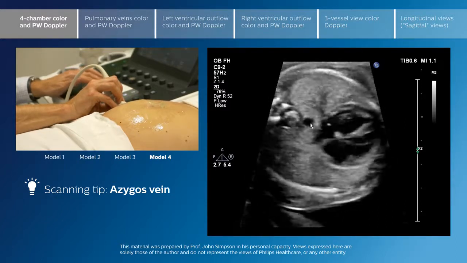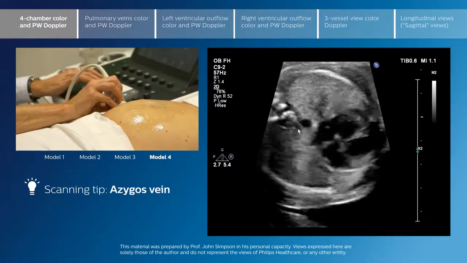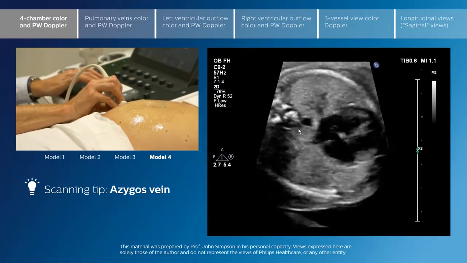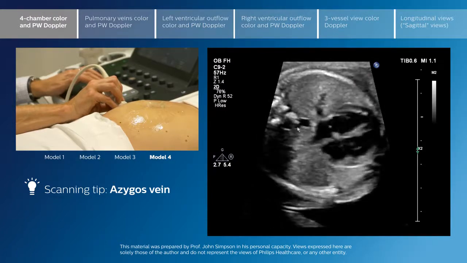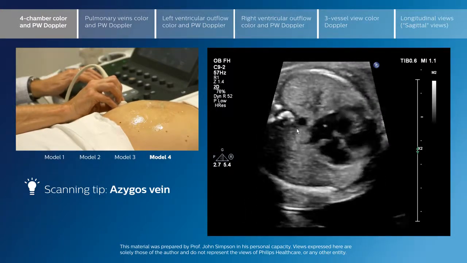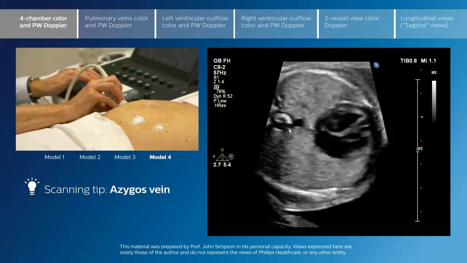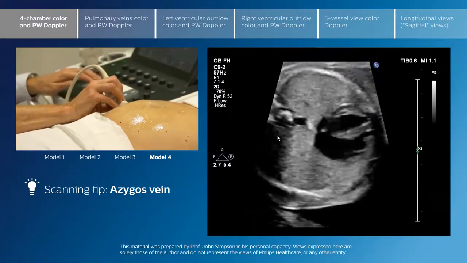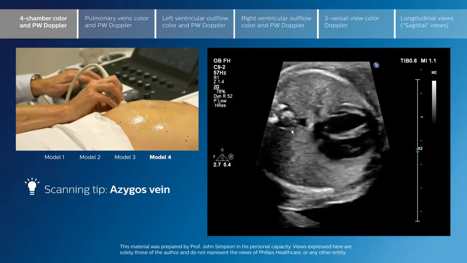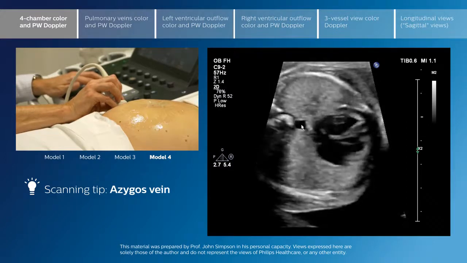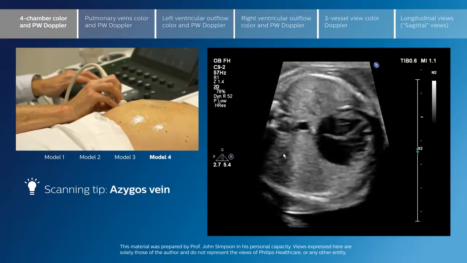This is in fact the normal azygos vein, and this should not give concern. This is a normal finding in the fetal heart, and we can see it more clearly because of the high resolution. Of note, though, a vein lying in this position should be tiny by comparison with the size of the descending aorta.